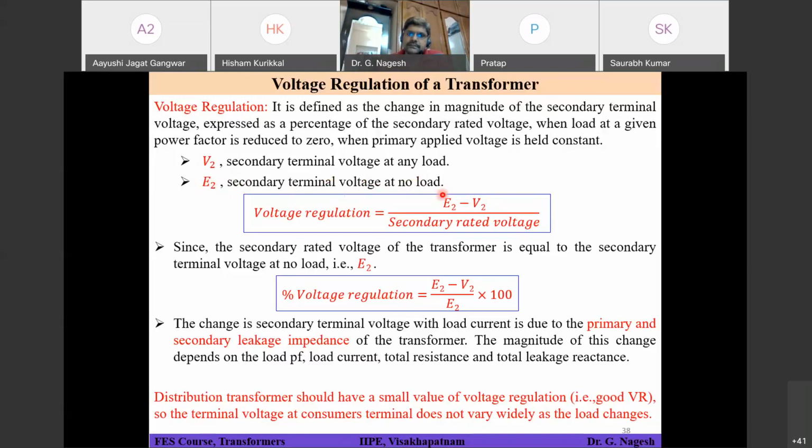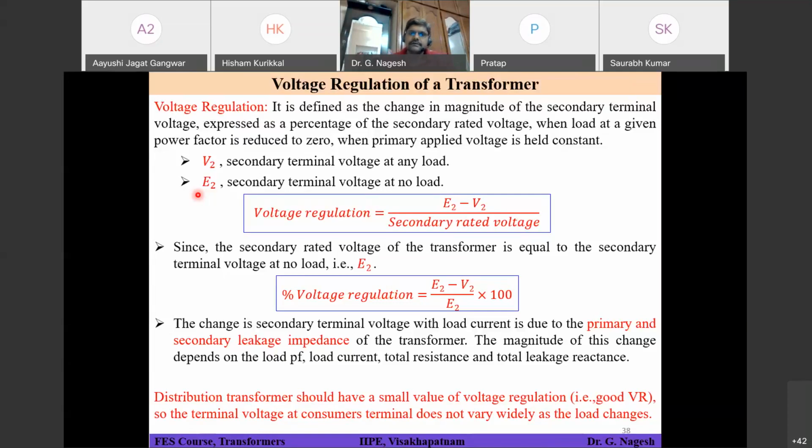E2 is also called secondary rated voltage. You understand the difference between E2 and V2, right? Yes, sir. E2 is secondary terminal voltage under no load, which is also called secondary rated voltage. V2 is secondary terminal voltage at any load.